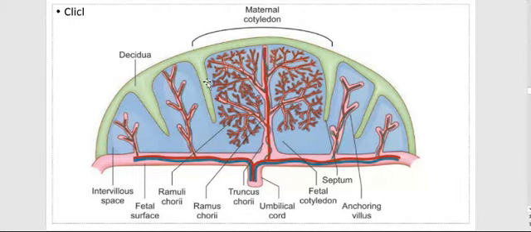So these septa are being formed here. This is one maternal cotyledon, and this is another maternal cotyledon. This septum grows inward, so this forms another maternal cotyledon. It's just the decidua basalis sending septa into the placenta, forming the lobulated, irregular surface of the maternal side.